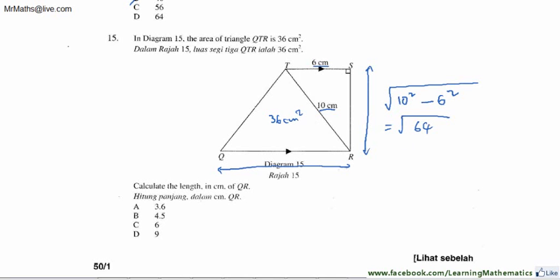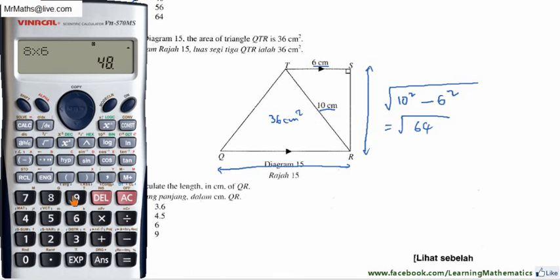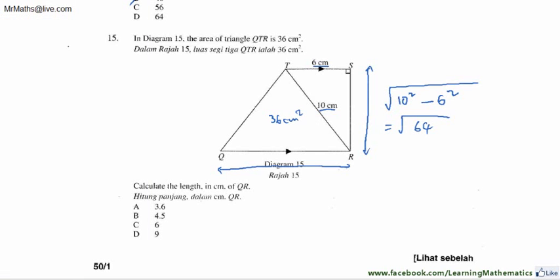Let me just check it. 6 squared is 36, correct? So 100 minus 36 is 64, correct? And the square root of 64 is 8 cm. So that's the height of the triangle.